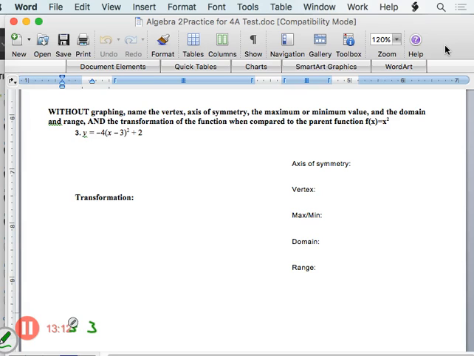So, is that vertex form or is that standard form? Okay, let's put that up there then. Its name came from the fact that it's supposed to be really easy to find the vertex. So the first thing I'm going to want to know is, where is the vertex? Where's our vertex on this one? 3, 2.